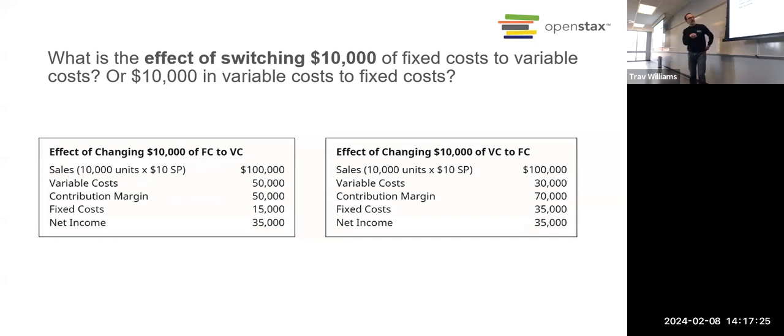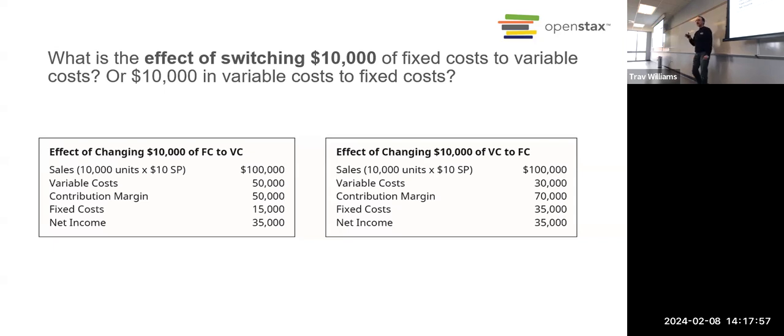So here we have the fixed costs going down by $10,000 and variable costs going up by $10,000. And over here, we have fixed costs going up by $10,000 and variable costs going down. So in each case, they shifted one way or they shifted the other way. And if you look at the net income, you see there is no impact. You end up with the same net income. So that shift does not appear to have made a difference.